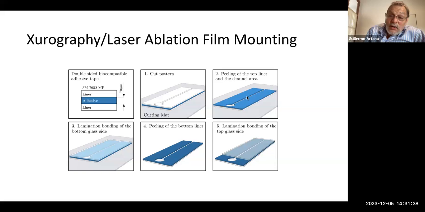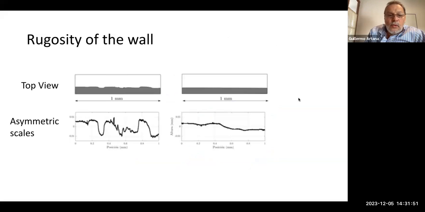The other aspect is that the top and the bottom will be quite smooth. On the contrary, on the lateral walls of the films you may have some rugosity, and depending on the process you have used and on the characteristics of the film with which you produce the channels, you may have different patterns of rugosities, and you may have more rugose or less rugose lateral walls.